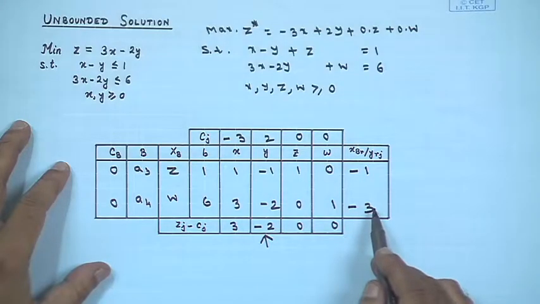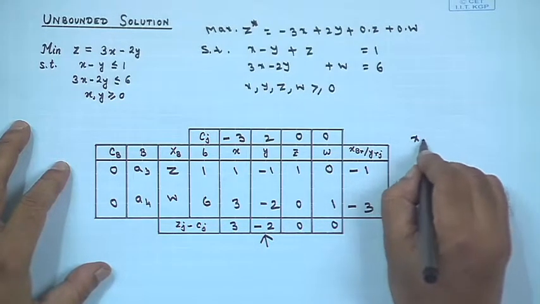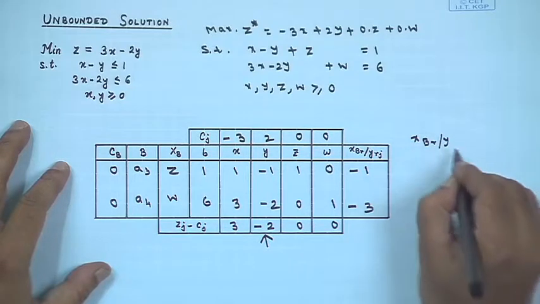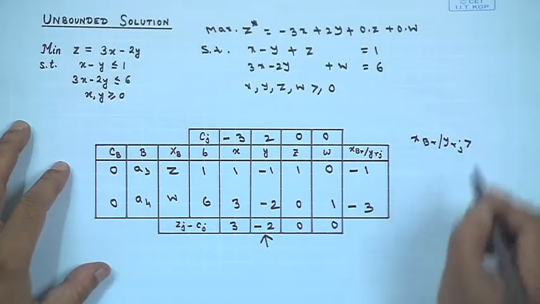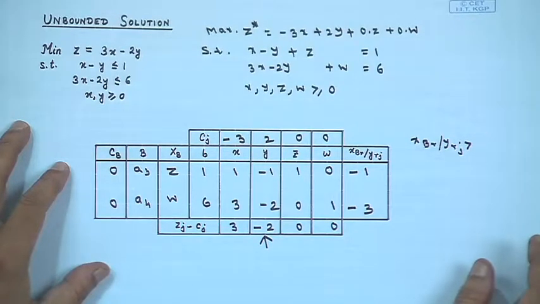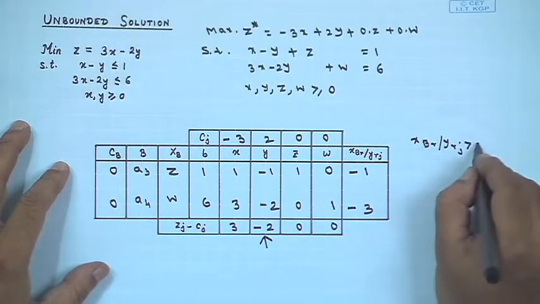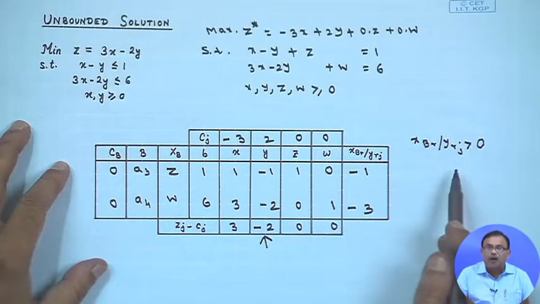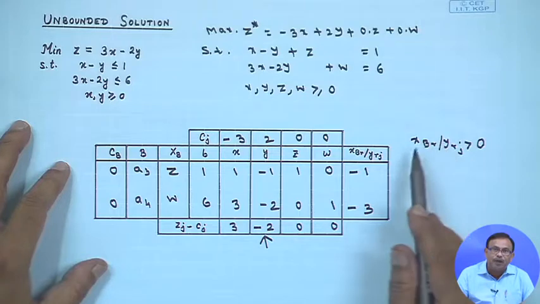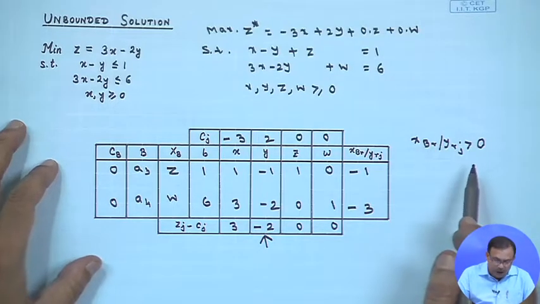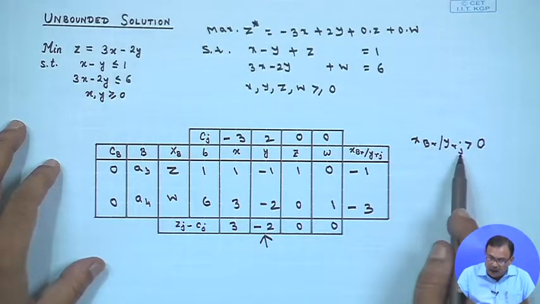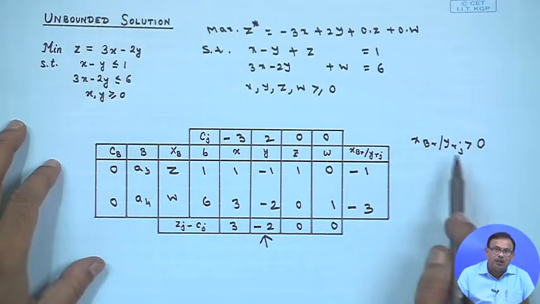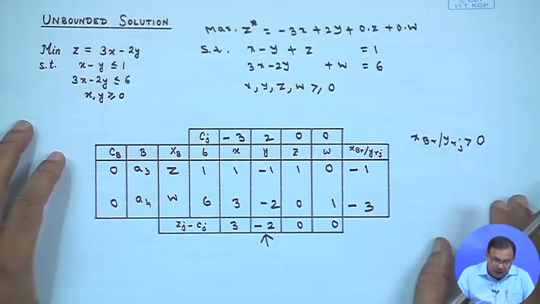As per the theory which we have discussed earlier, this ratio xbr by yrj should be greater than 0. It cannot be negative, and if this xbr by yrj value is less than 0, then there will be an unbounded solution.